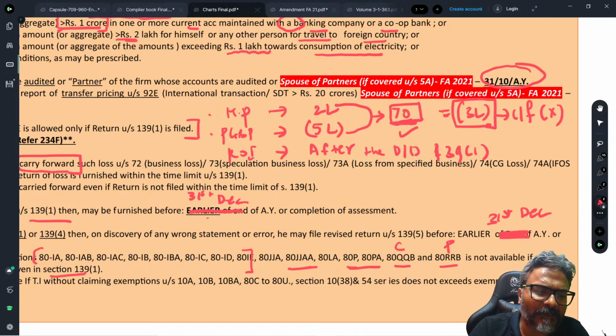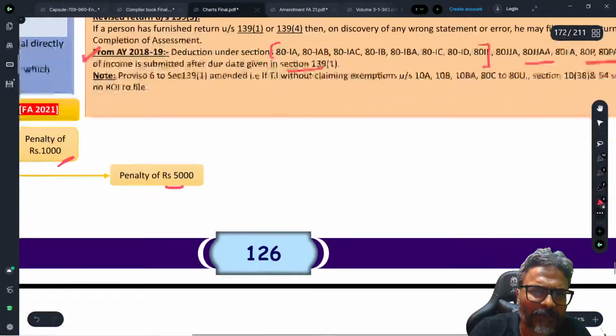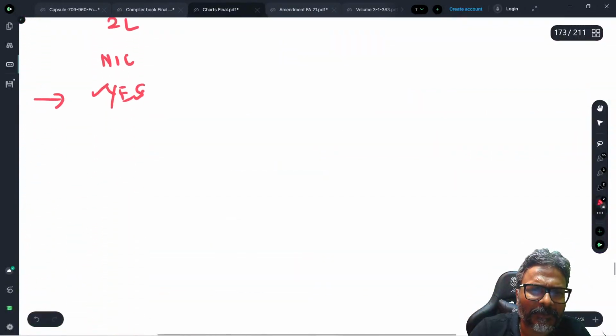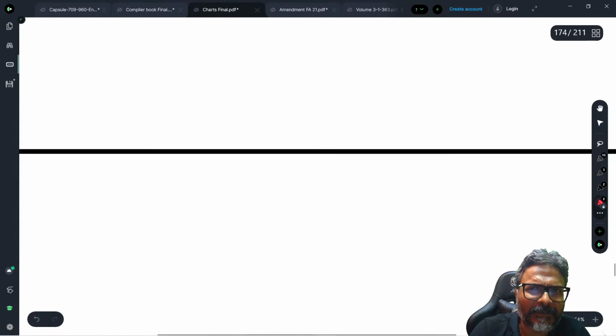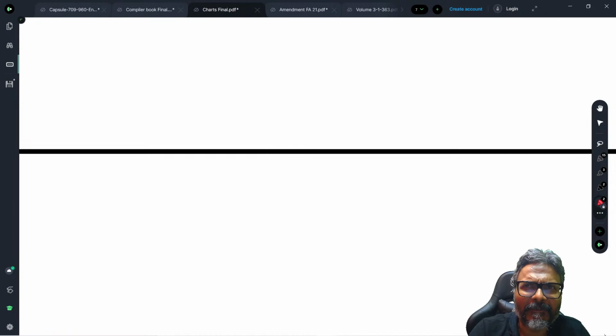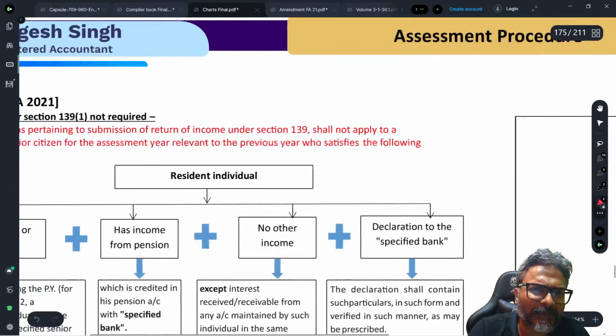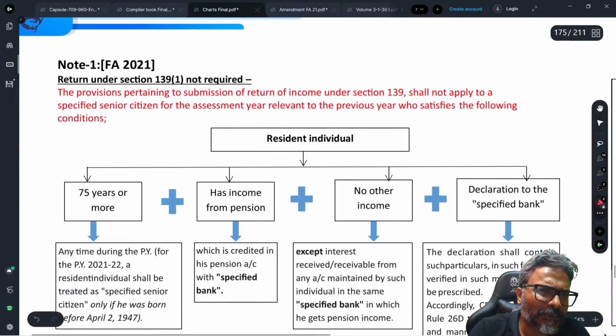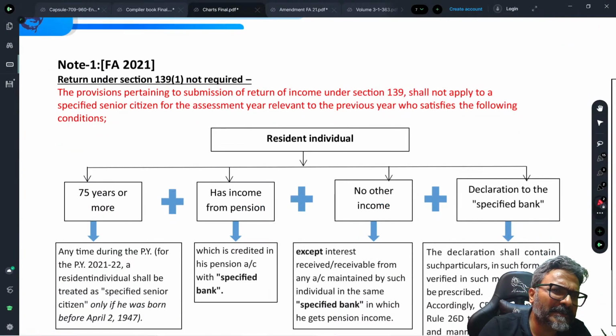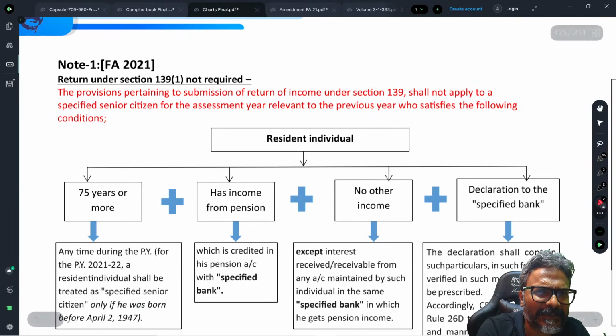So if you are talking about assessment year 22-23, then the last date for the filing of the return of income will be 31st December 2022.